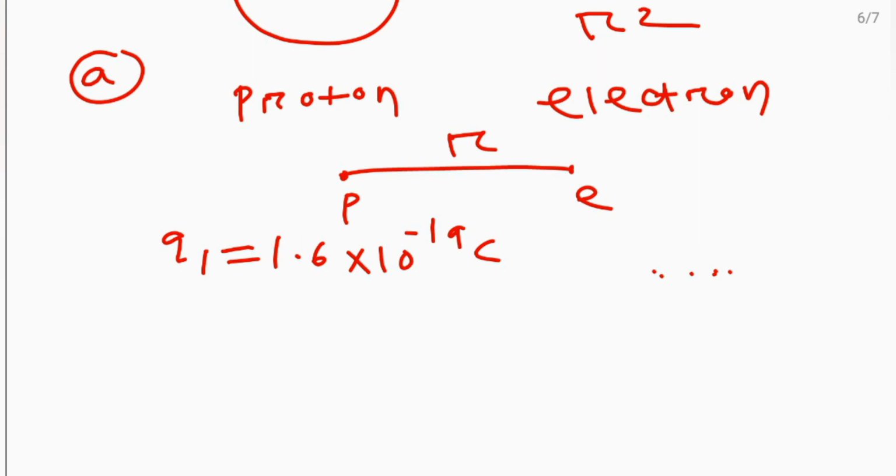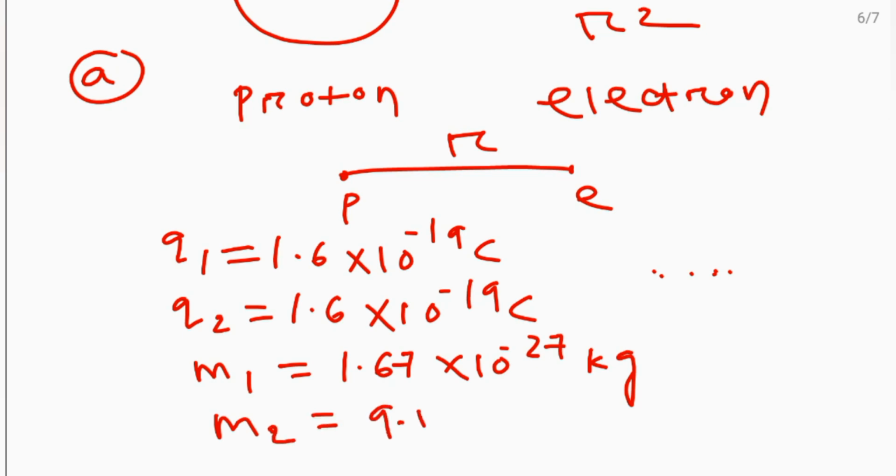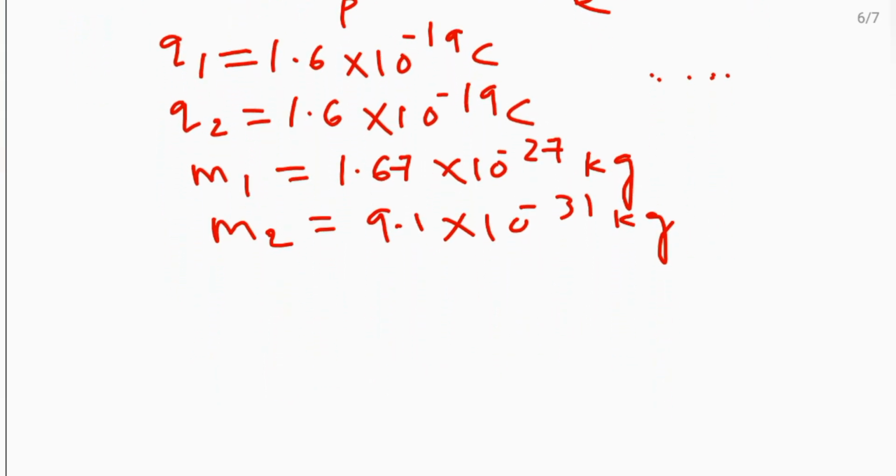And we know the charge of electron, 1.6 into 10 to the power minus 19 coulomb. And we know the mass of proton, 1.67 into 10 to the power minus 27 kg, and the mass of electron, 9.1 into 10 to the power minus 31 kg.